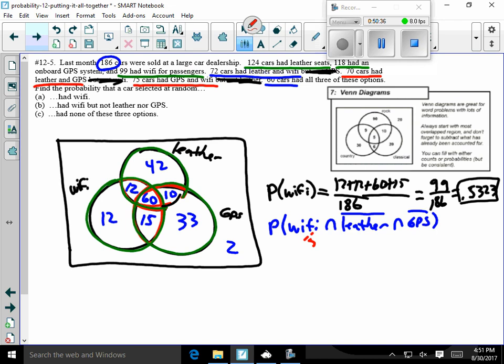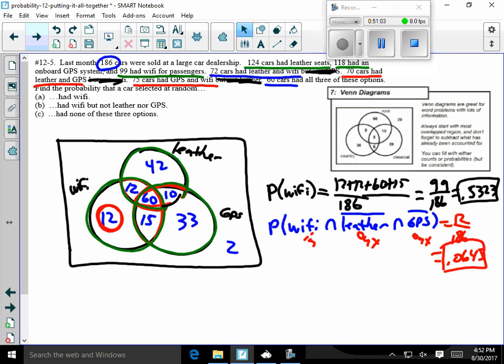If leather is not true, it has to be outside the leather circle and outside the GPS circle. So I'm looking for things that are inside the Wi-Fi circle, but not in the leather circle or the GPS circle. And so that leaves just this 12 right here. And so this is going to be 12 out of all 186. And that turns out to be 0.0645.